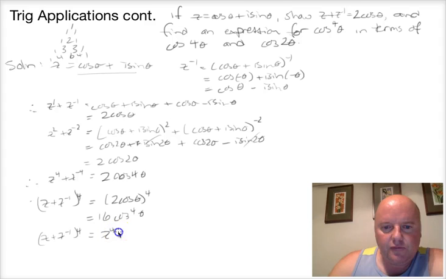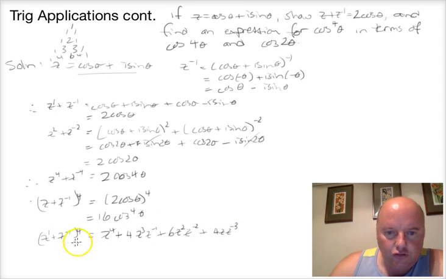So it's z to the power of 4 plus 4 z cubed, that one there raised to the power of 1, so it's just z to the minus 1, plus 6 z squared, because that to the power of 2 is z to the minus 2, plus 4, it's going to be the z, and z to the minus 3, because that one's cubed, and the last one is going to be z to the power of minus 4.